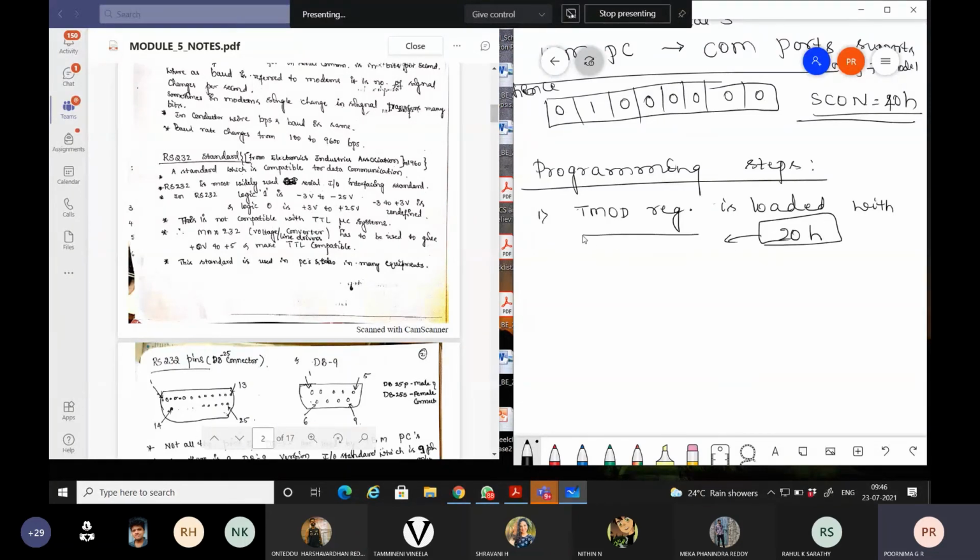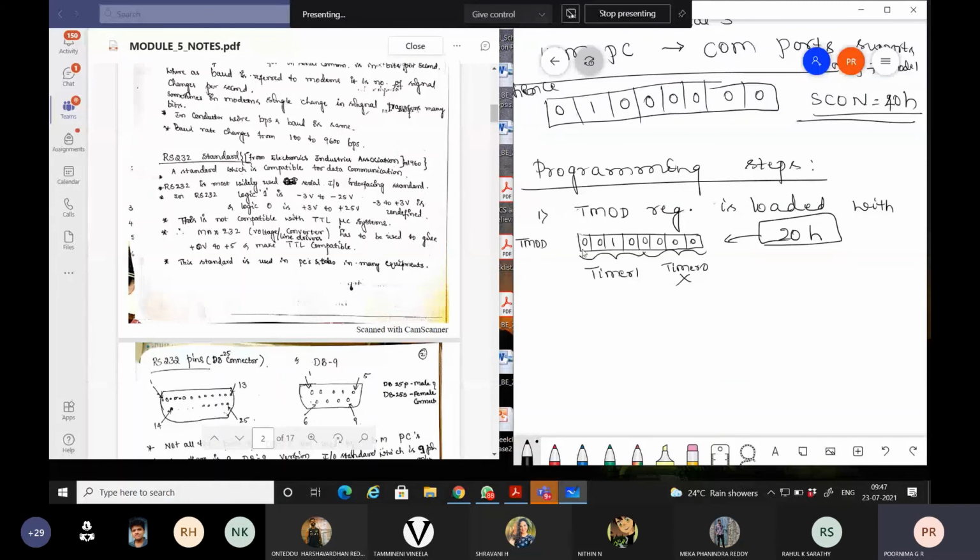Considering TMOD, 20H represents 0010 followed by 0000. The lower 4 bits represent timer 0, which is not in use, whereas the upper 4 bits represent timer 1.